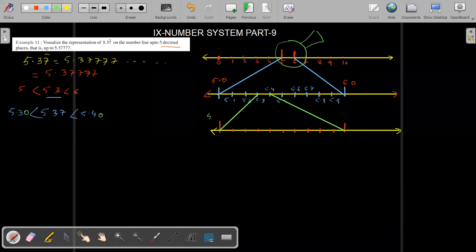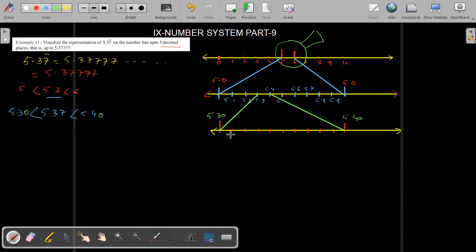So now we will write 5.3 and 5.4. This part is zoomed, but we can write 5.30 and 5.40. After the decimal, we can write as many zeros as we need. So 5.30 and 5.40.